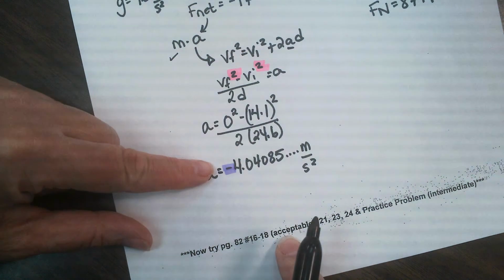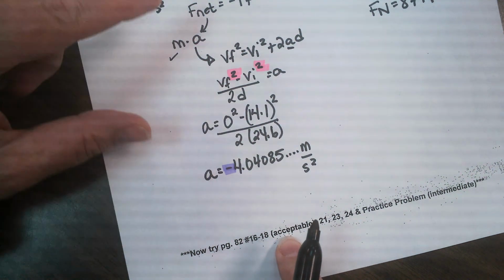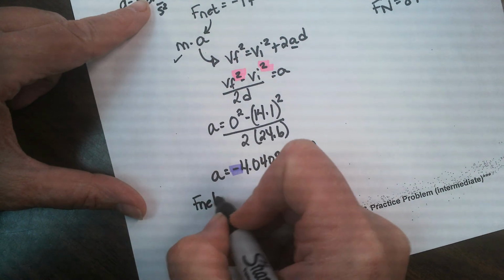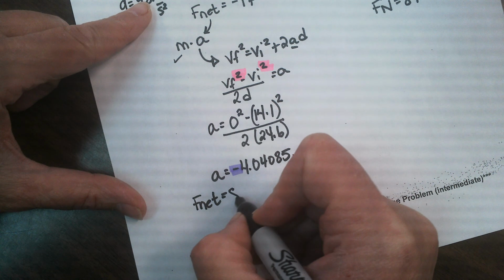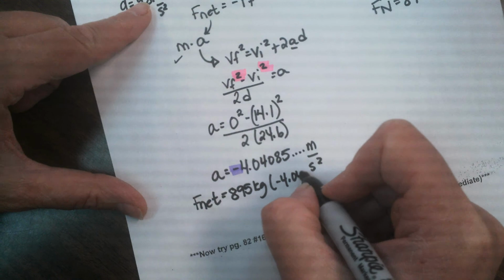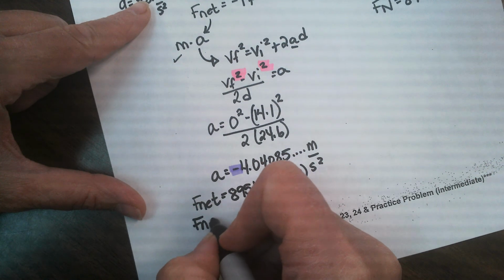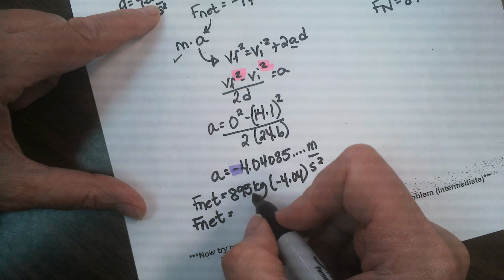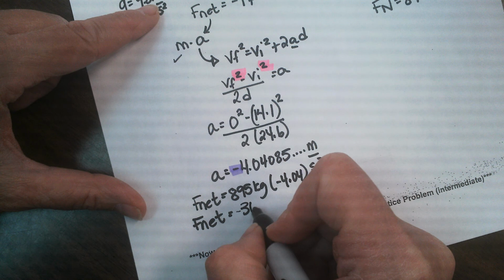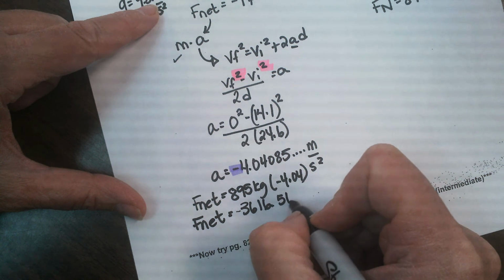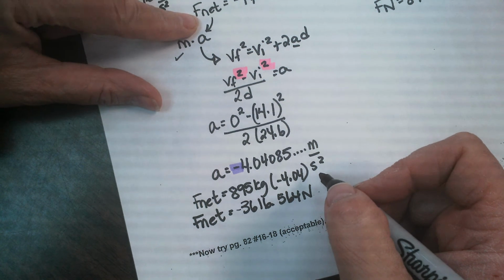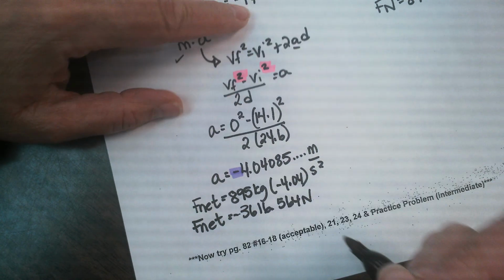This is deceleration, or acceleration in the opposite direction. Now that I have A, I can figure out force net. So force net is equal to negative 3616.564 newtons. From there, I say that my force net is equal to negative force of friction.